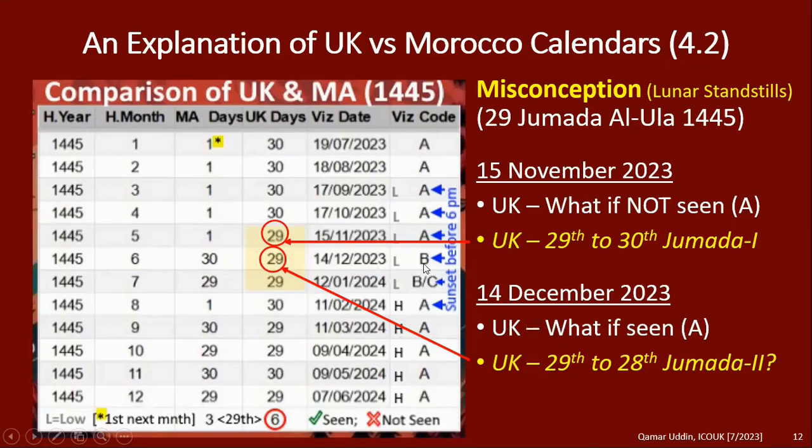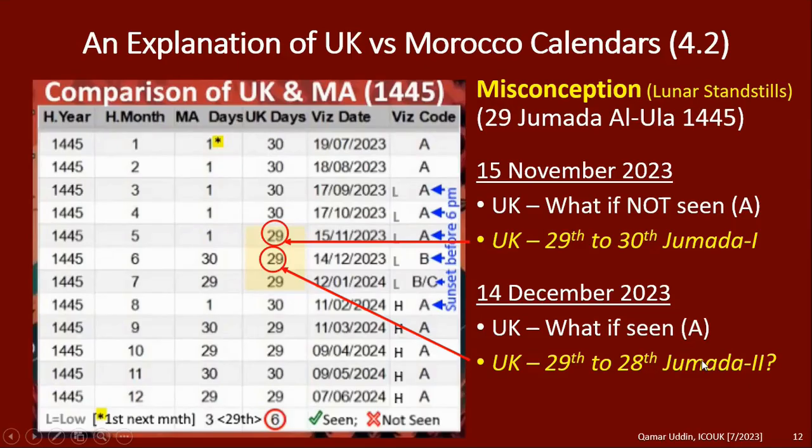And if we miss A, then we probably miss B as well. But supposing we had very good weather and a lot of people out and they saw the moon on that date, that means it would be 28. So 29 prediction becomes 28 of Jumada al-Ukhra.